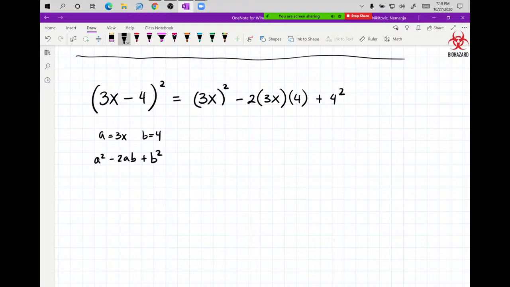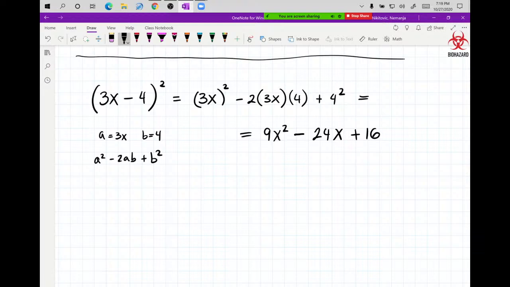And all I need to do is work out this arithmetic to make it look nice. So 9x squared, 3 squared is 9, and then x squared, minus, and now 2 times 3 times 4, well, that's 24x plus 16.